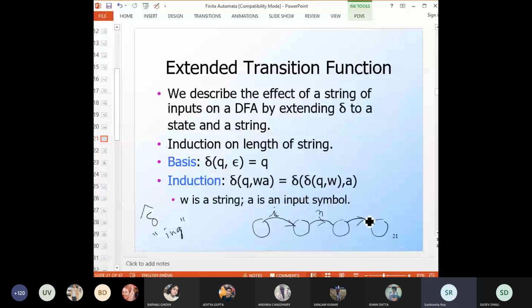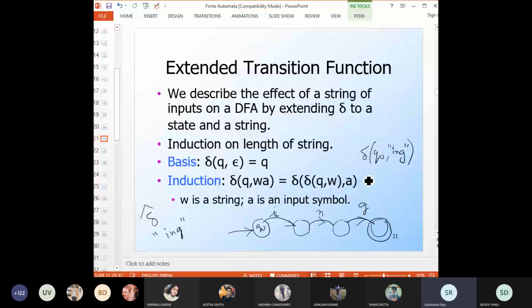And this is G. So ing. Let's say this is the final state, this is the initial state, and let's forget all those other arcs. So this now is a transition on not just a single character, but on a complete string. So here I would call it delta, if we call it Q0, then delta of Q0 on not just a single character, but on the string I and G.